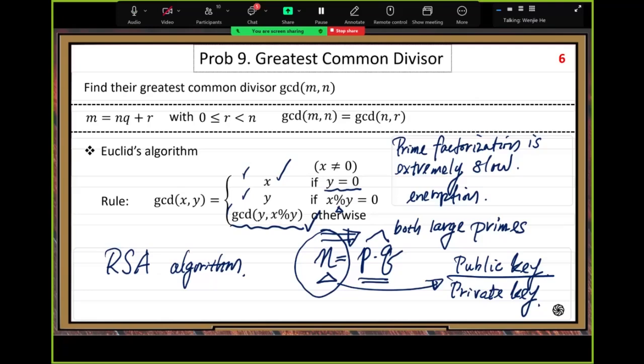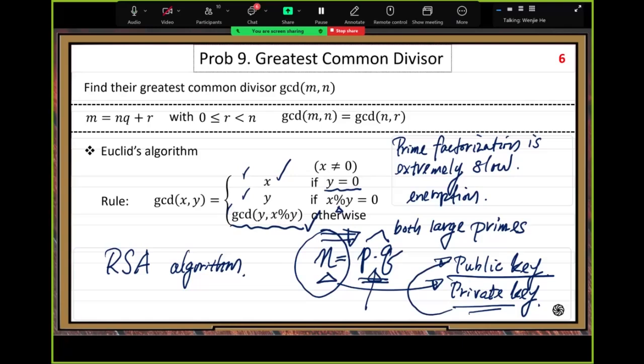After the user receives the public key, because they maintain the private key in some special way, they can apply it on the public key and find the prime factorization quickly.